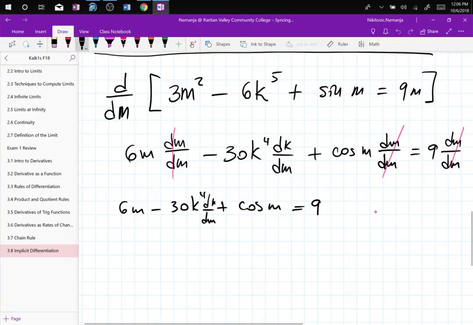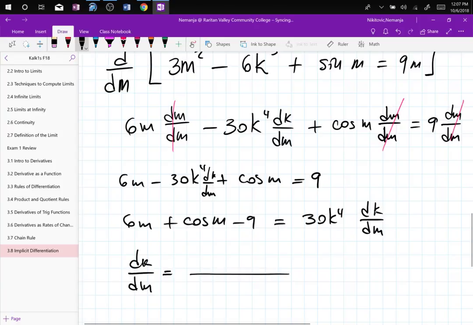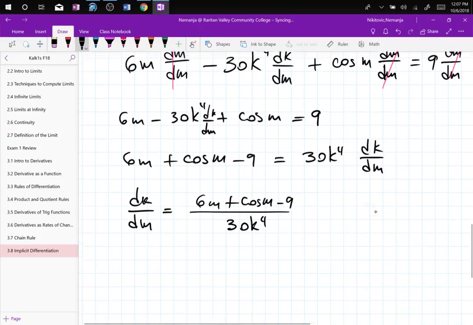Move 30k to the other side, move 9. 6m plus cosine m minus 9 is 30k to the 4 dk dm. So dk dm is equal to 6m plus cosine m minus 9 divided by 30k to the 4. Done.